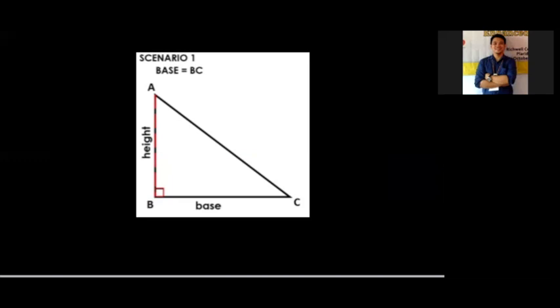Since any of the three sides of the triangle can be a base, let's look at three possible scenarios for triangle ABC.